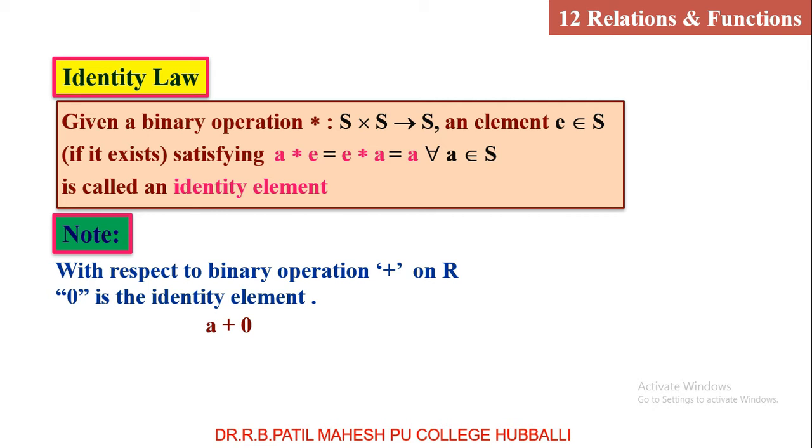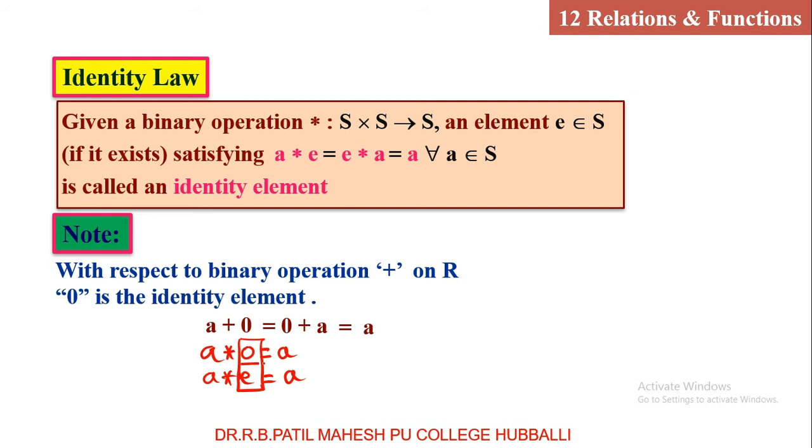You can observe A plus 0, 0 plus A are equal to A. Clearly, this is element A, plus is the star operation, and A plus 0 is equal to A. It means that A star E is equal to A, then the value of E in this example is 0.